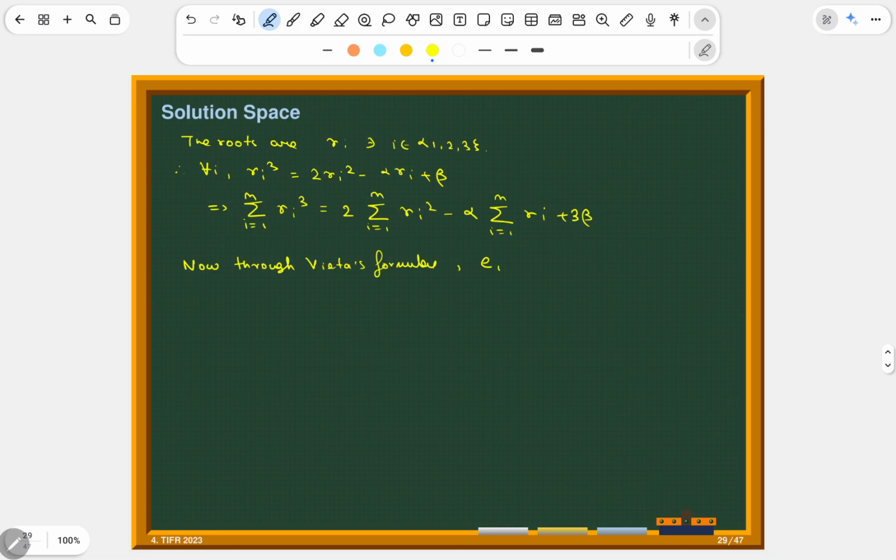We have the first elementary polynomial, which is summation Ri. This comes out to be 2. Because you have a polynomial of the form x cube plus ax squared plus bx plus c, this gets a multiplicity of minus 1 to the power 1. This is minus 1 squared and this is minus 1 cubed. So therefore the coefficient bears the sign of minus 1.